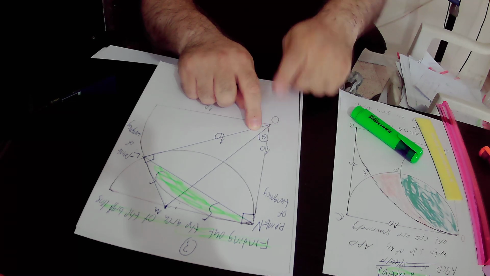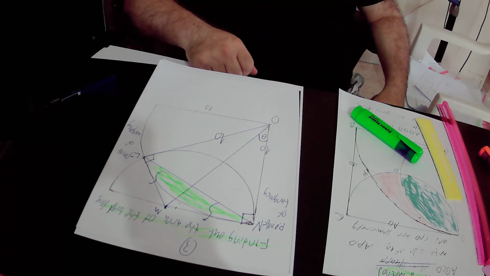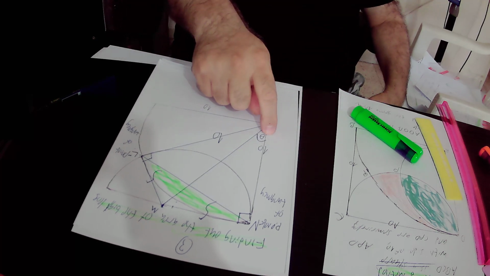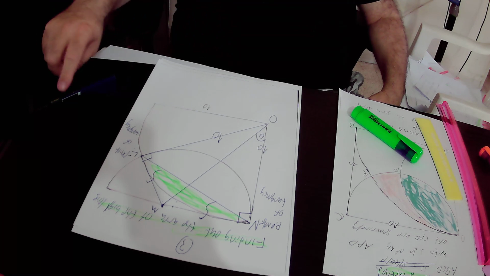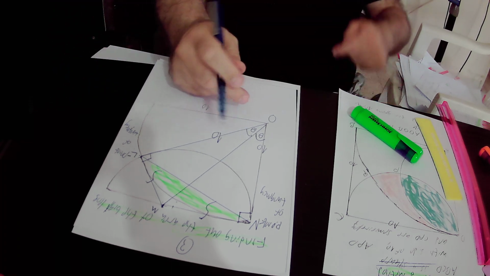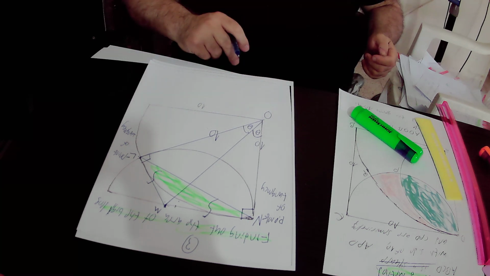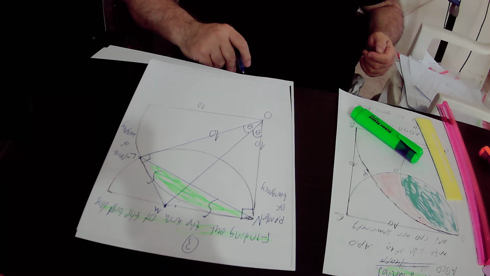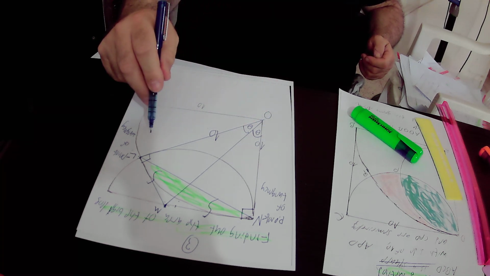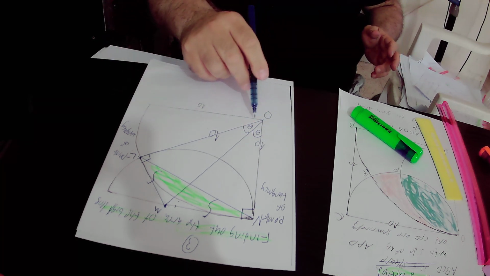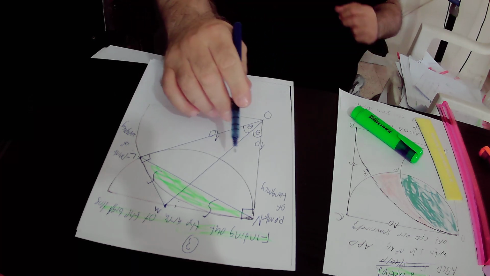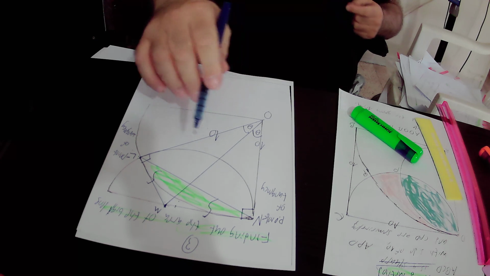So if this angle equals theta, then this angle must also equal theta. So we found that angle NOL equals 2 theta. Theta plus theta is 2 theta. So what is the area of the upper circular segment NL?